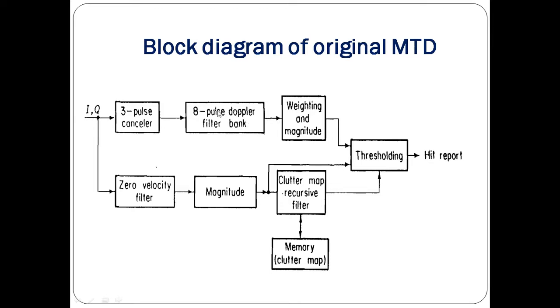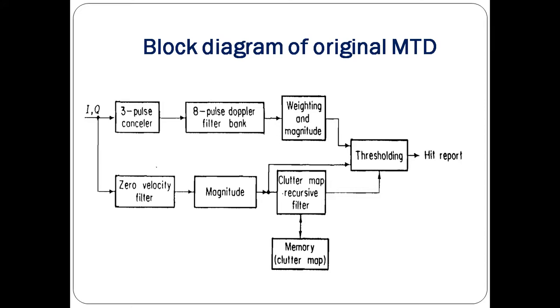The main purpose of having this block in the original MTD is to remove or eliminate the moving clutter echo, because during the reception of the echo signals, we cannot predict what type of echo will be received.